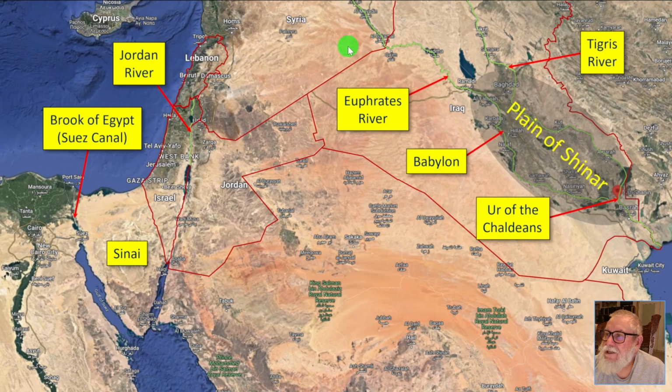And as you can see, that takes up the better part of Egypt, the eastern half of Egypt, almost all of Iraq and Syria, and all of Jordan, a fair part of northern Saudi Arabia and Kuwait, and all, of course, of the current state of Israel and the nation of Lebanon.